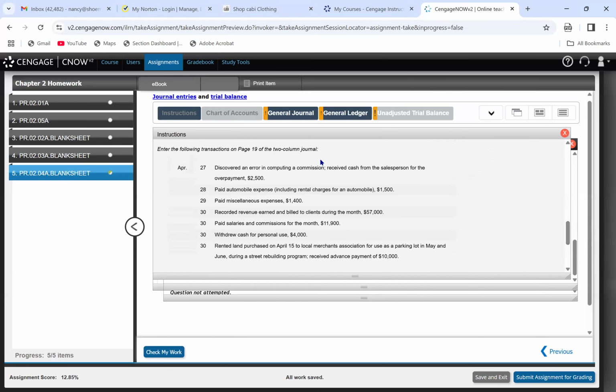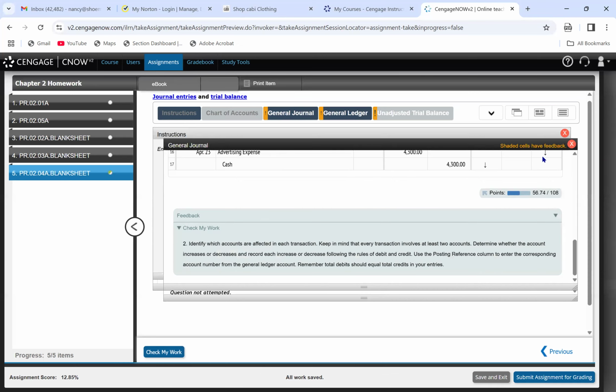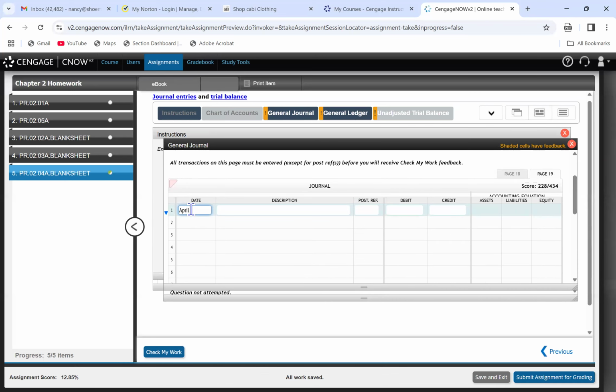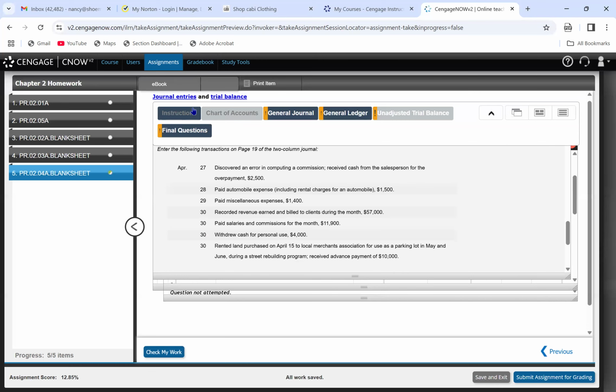So on page 19 of the general journal, I will continue. On April 27th, we discovered an error in computing a commission. Received cash from the salesperson for the overpayment of 2,500. So April 27th, we'll go back here to page 19 and we'll show we received cash of 2,500.